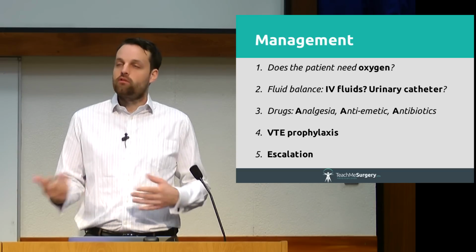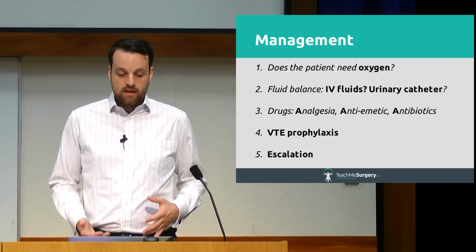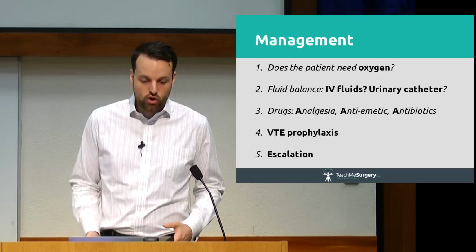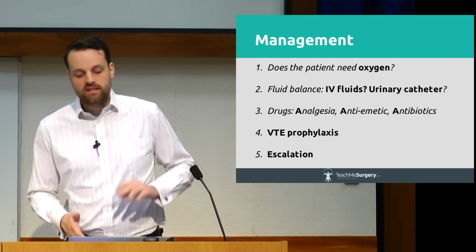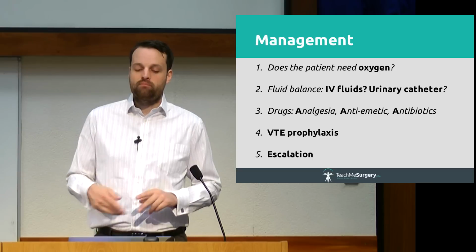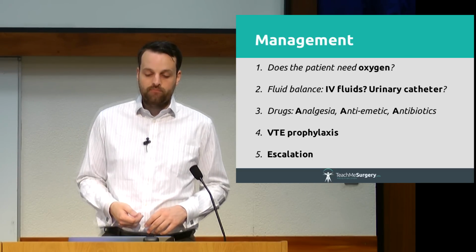Drugs. We've already discussed the importance of analgesia in this presentation. And in the first instance, make sure that the patient has had some paracetamol. But with moderate pain scores, you need to start adding in codeine. And with pain scores above 7 out of 10, you need to be thinking about morphine.